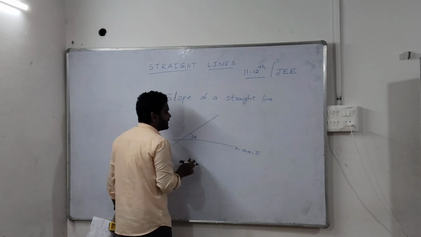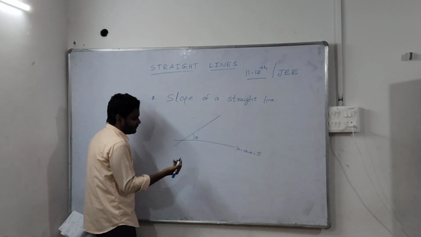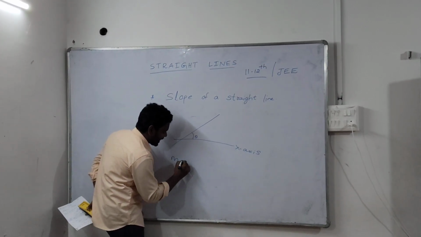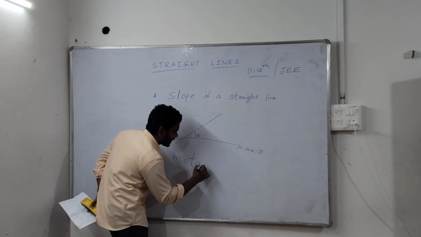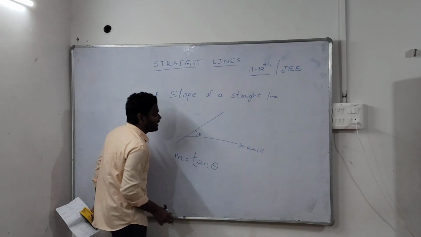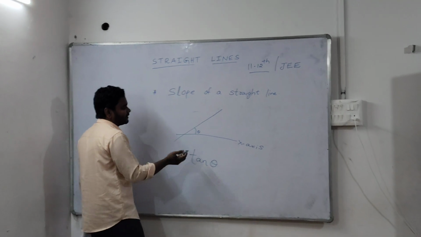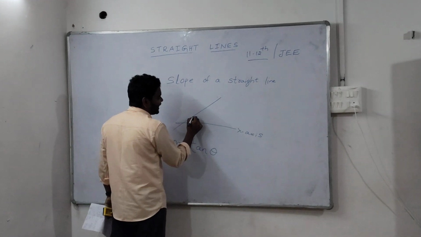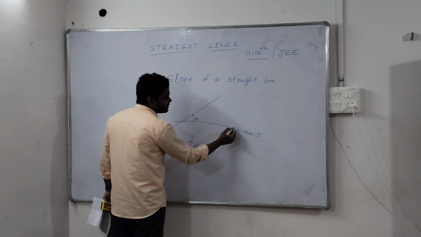Here I wrote theta, where slope m is equal to tan theta, where theta is the angle made by the line with the positive direction of the x-axis.